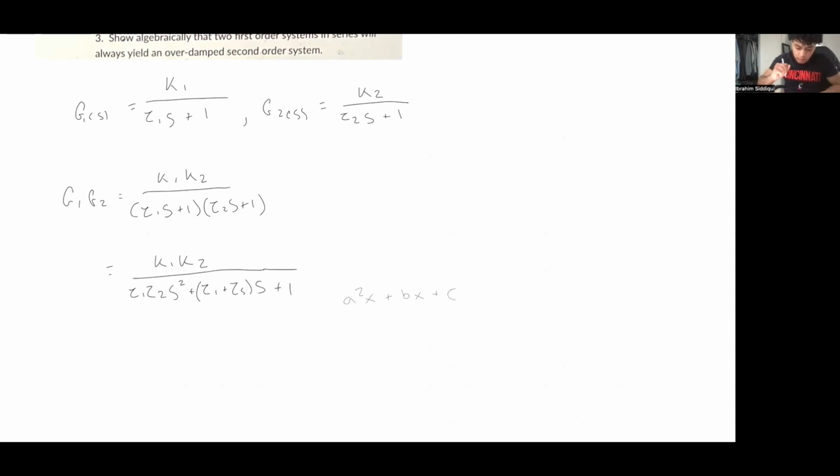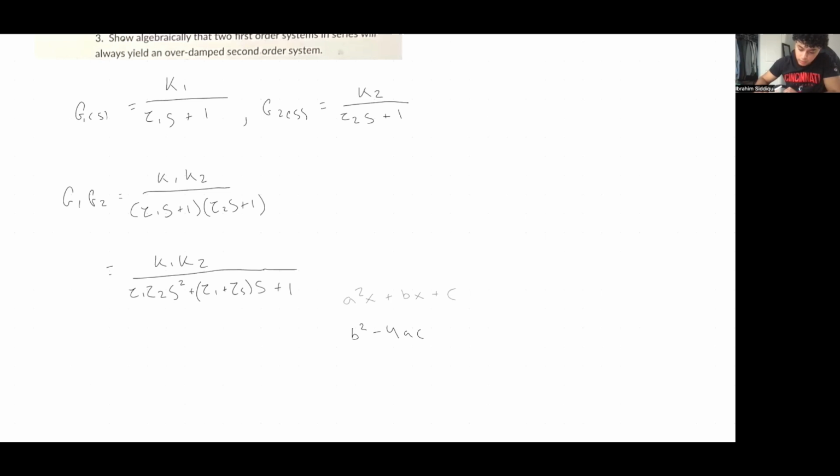We will be looking at a discriminant, which is what we use on our quadratic to determine damping. I'll get into how it comes into play with our transfer functions in a second. For our discriminant, it will look like b squared minus 4ac. Go ahead and pause this.